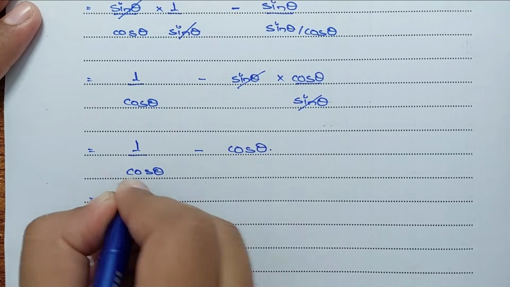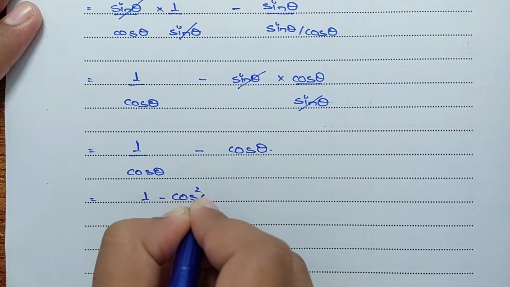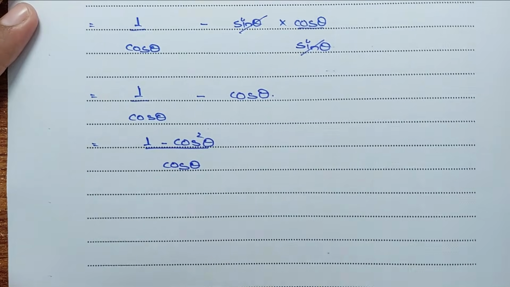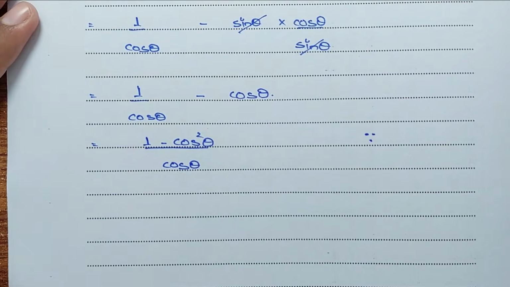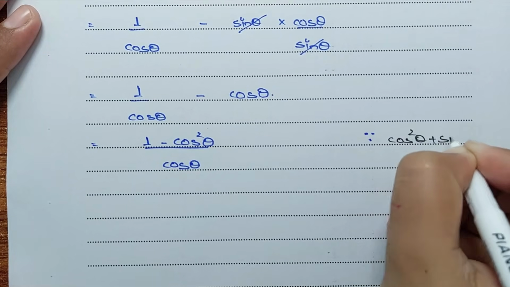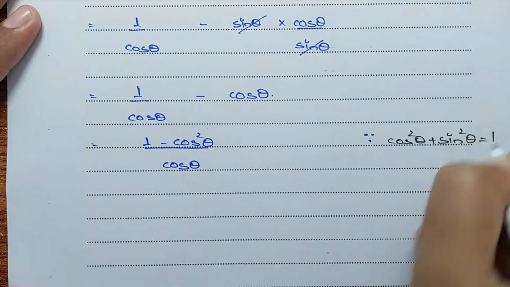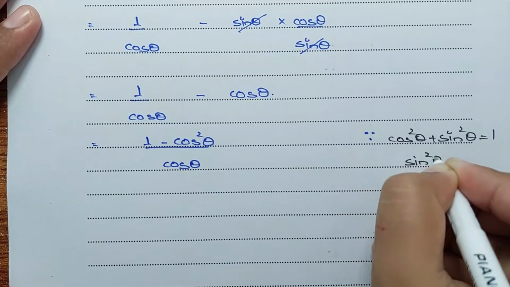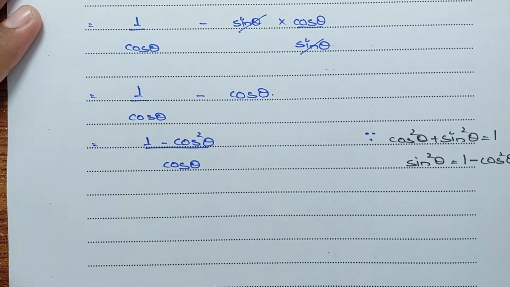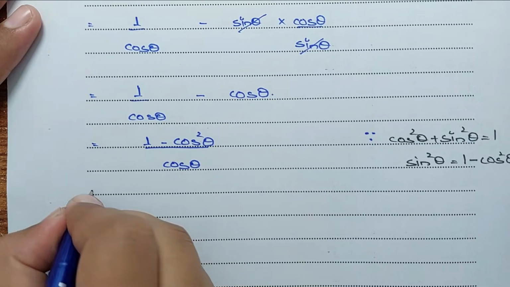So 1 minus cos into cos would be cos square theta over cos theta. And for 1 minus cos square, the identity I'm using over here is cos square theta plus sine square theta is 1, and sine square theta is 1 minus cos square theta. So I am just going to substitute 1 minus cos square with sine square.